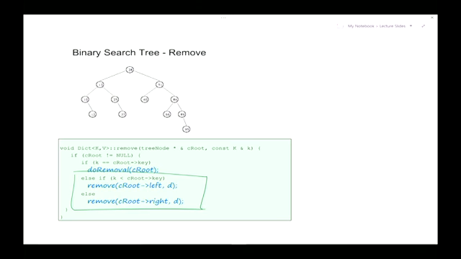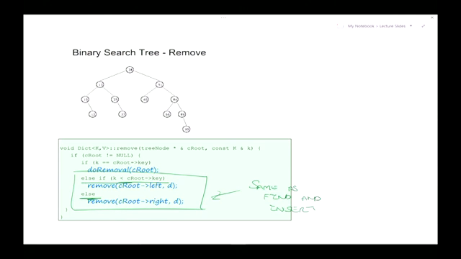So these two lines are the recursive case. The if statements are the same for find. Specifically, these else if and else are the same as what we see in insert and find. So our recursive case is the same.